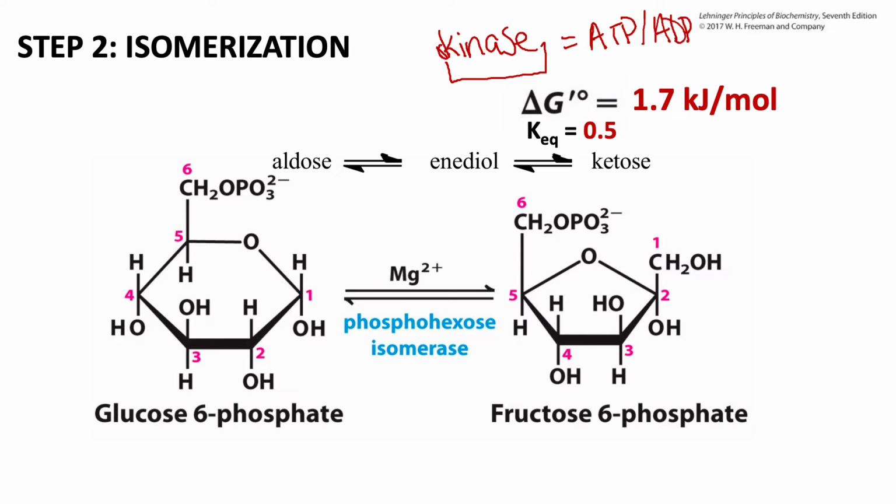But that was a hexokinase because we were phosphorylating our glucose. But now we are looking at an isomerization reaction, so our enzyme is going to be an isomerase, specifically a phosphohexoisomerase. Why? Because we have a phosphate group and our sugar is a hexose. We have 6 carbons, so it's a hexose. Phosphohexose isomerase will catalyze this conversion from glucose 6-phosphate to fructose 6-phosphate.